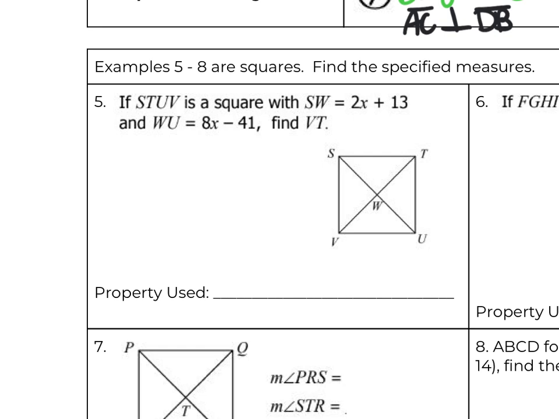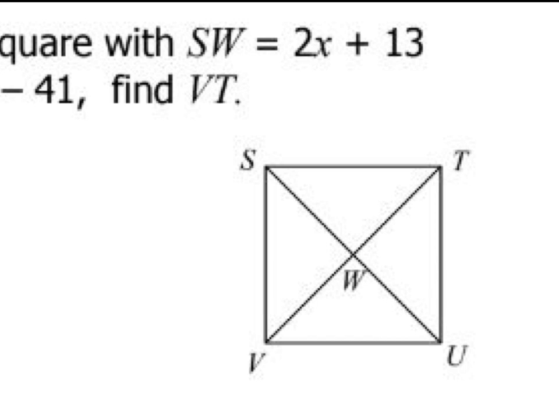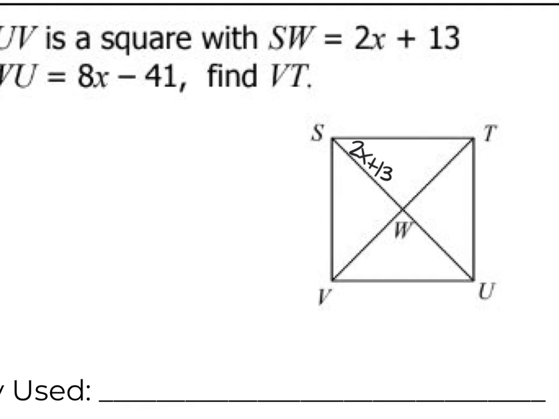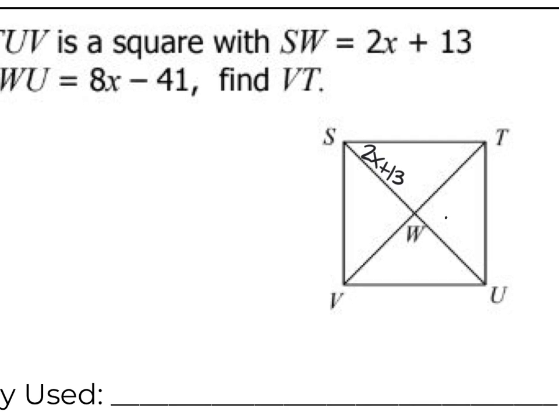So it says STUV is a square with SW, and this time they didn't label it for us, so let's write where those are. SW is 2x plus 13, and WU is 8x minus 41.